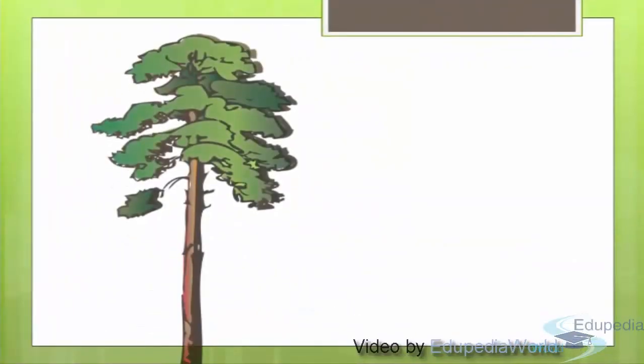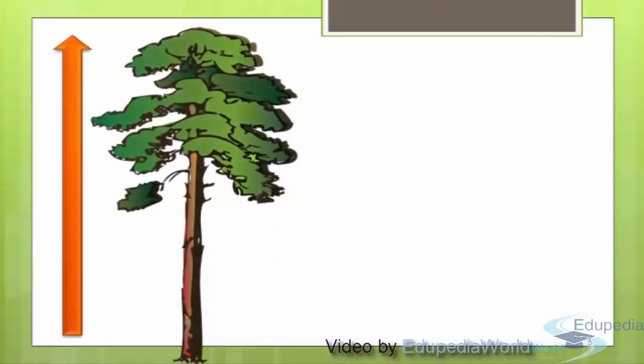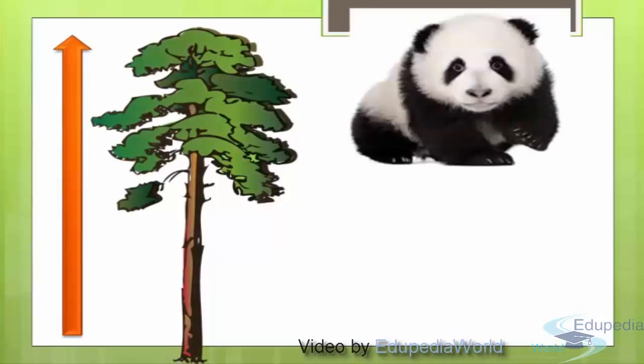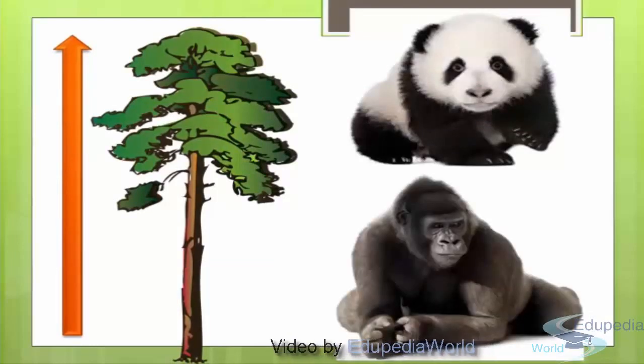Plants need to move molecules over very long distances, much more than animals do. They also do not have a circulatory system in place.